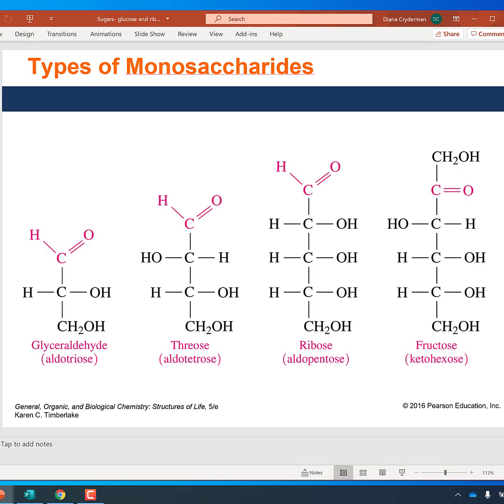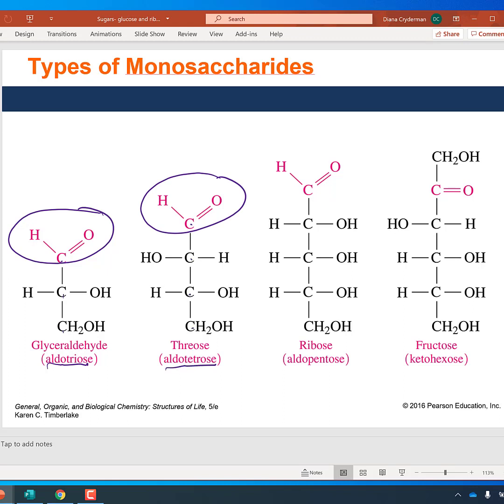So let's look at some examples. Here we've got an aldehyde with 1, 2, 3 carbons. So an aldotriose. Here we've got another aldehyde with 1, 2, 3, 4 carbons present.